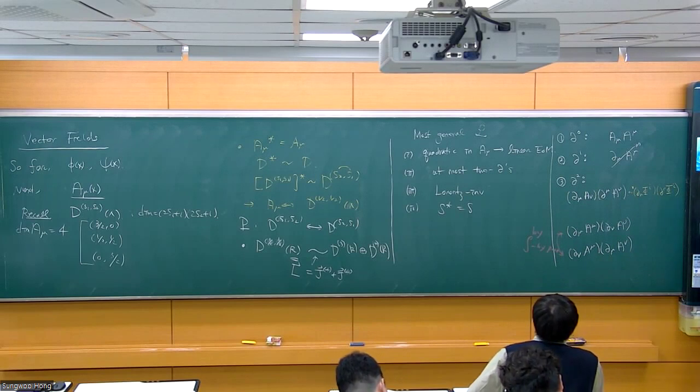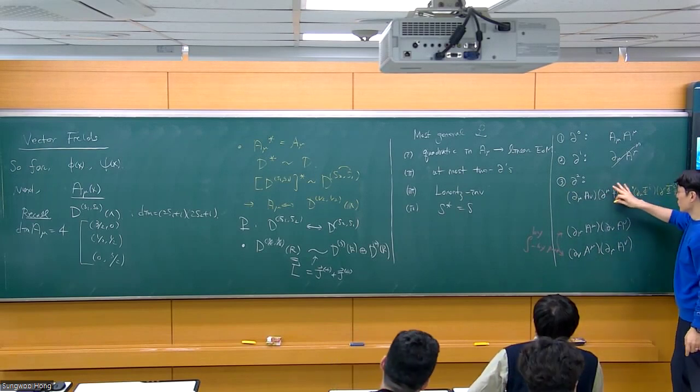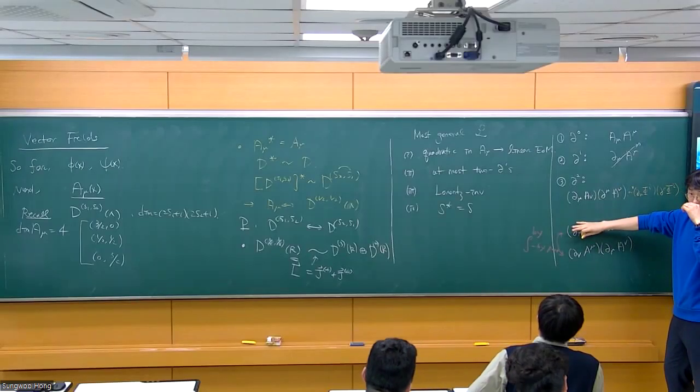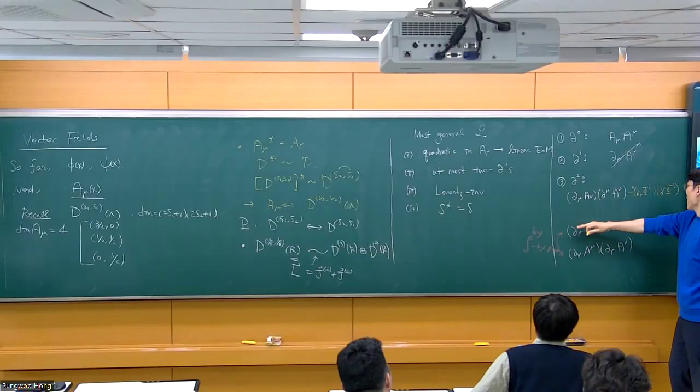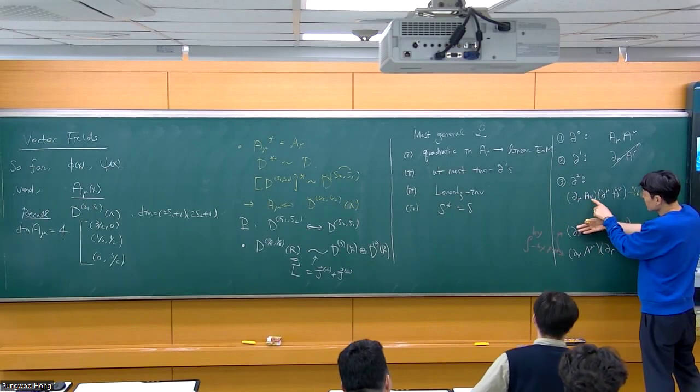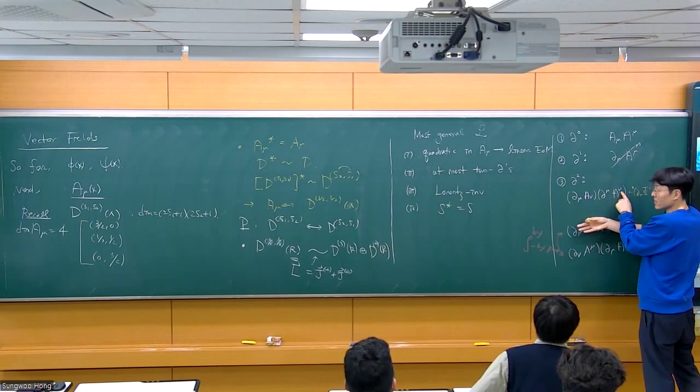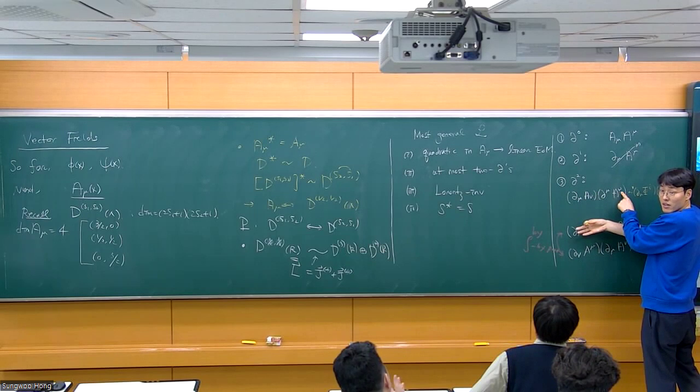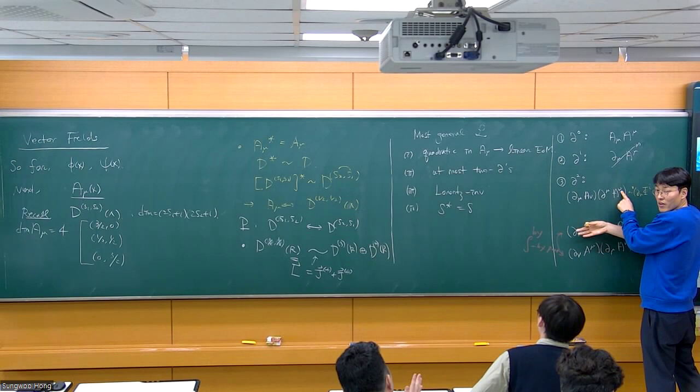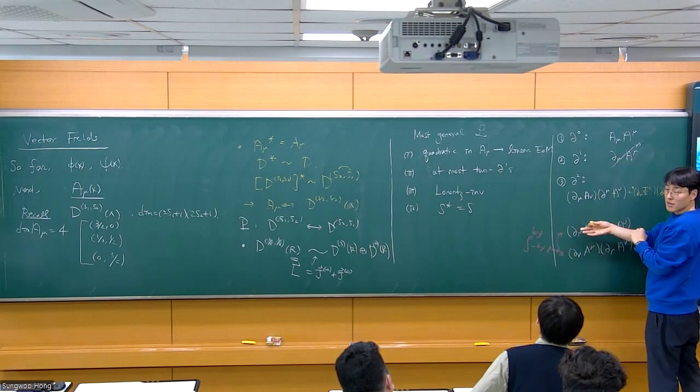Okay, what I'm trying to say here. Suppose I only kept this term without this term. Okay? At this point, I wouldn't know whether this is a Lorentz index or a field space index. And also the Lagrangian will be confused too. You might say, oh, you wrote down this.